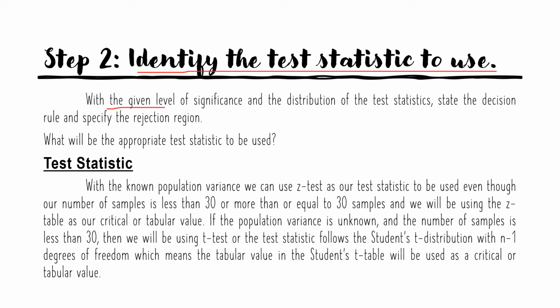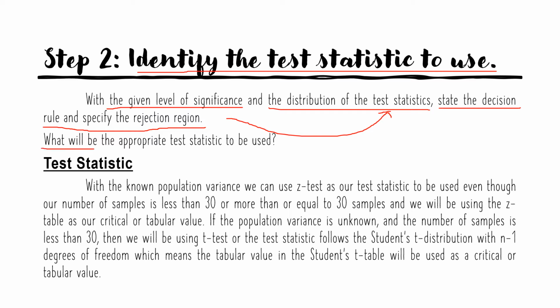With the given level of significance and the distribution of the test statistic, we state the decision rule and specify the rejection region based on the chosen test statistic. Now, what will be the appropriate test statistic to be used? That will be the big question.